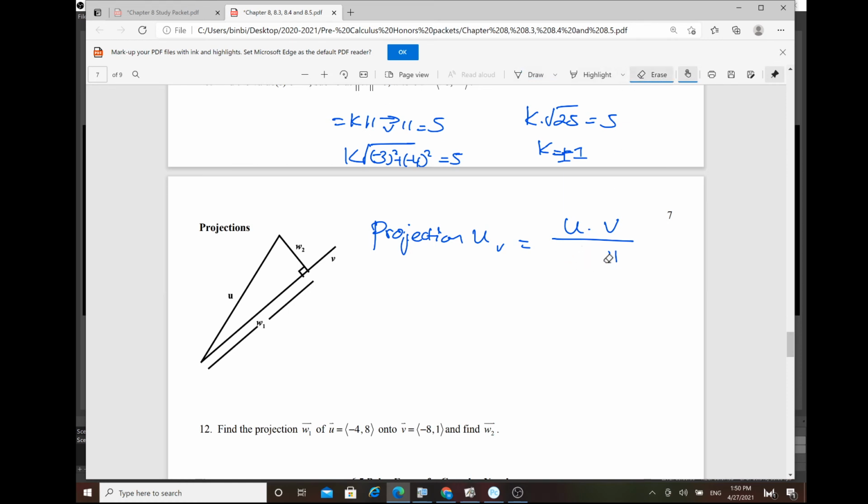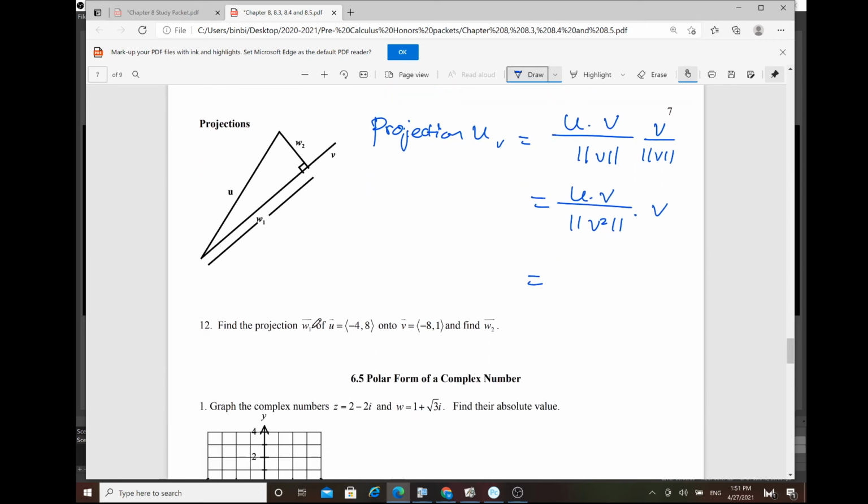Okay, let's put it in this form: the magnitude of v times the unit vector of v. So basically this is just u dot v all over the magnitude of v squared times v. Okay, so this one is u dot v.